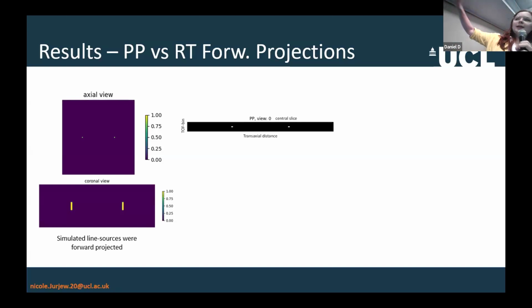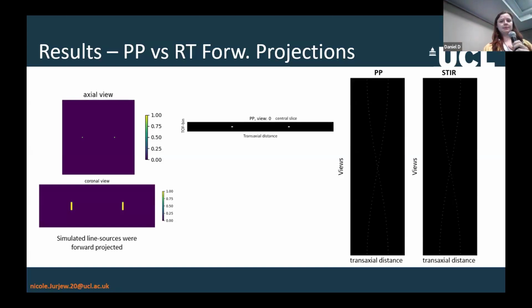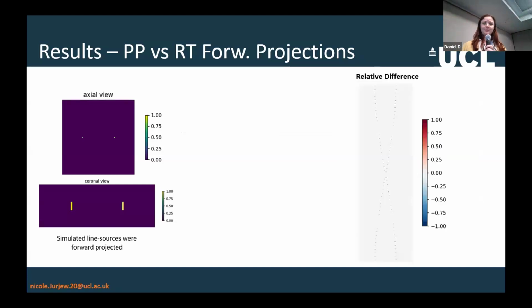I plotted all of these for all views and stacked them together, and this is what you see here. I hope this was sort of clear. I see now that despite my efforts, you cannot see anything here. But I will show you the difference of those projections on the next slide, which can hopefully be seen a bit better.